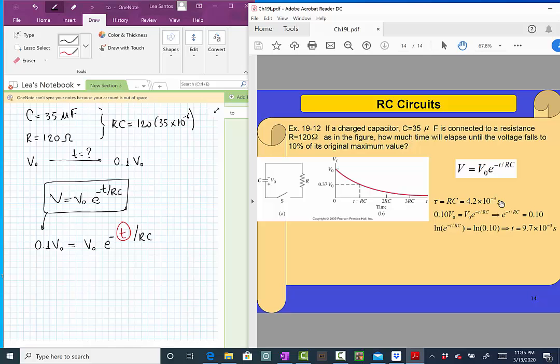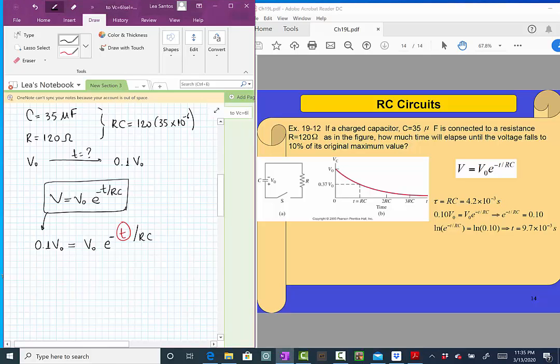Okay, so I'm going to put this in my equation. So I have here 0.1 V naught equals V naught exponential of minus the unknown, which is T, divided by this number that we got there, 4.2 multiplied by 10 to the minus 3. Okay, let's cancel now this V naught.